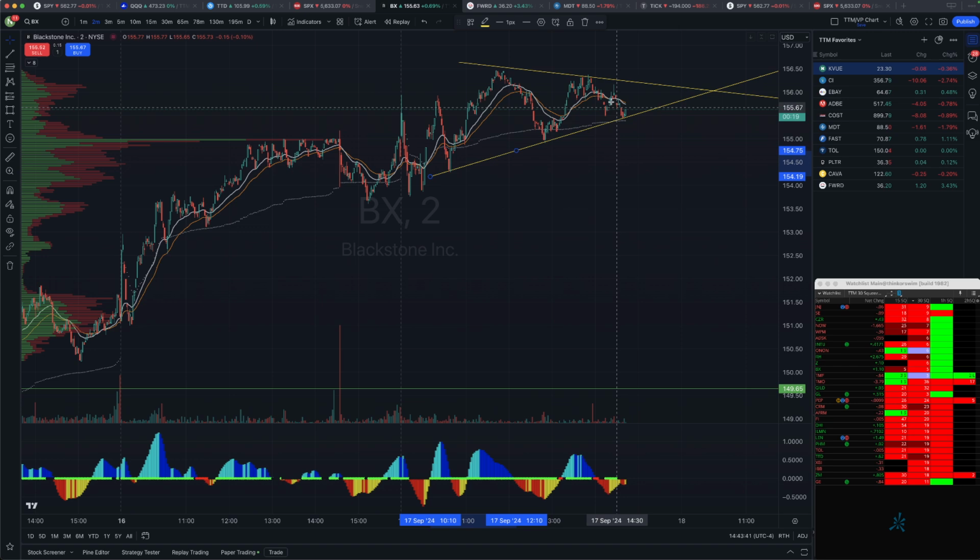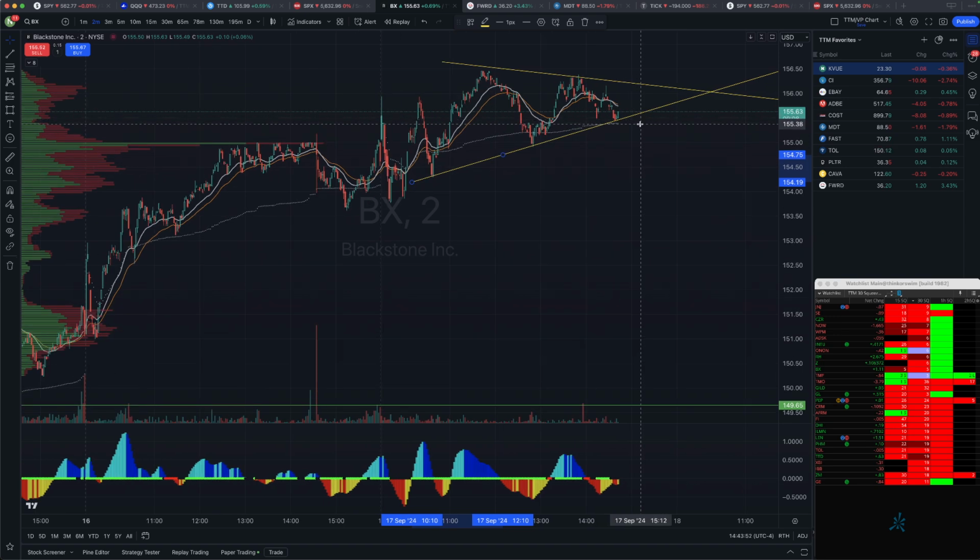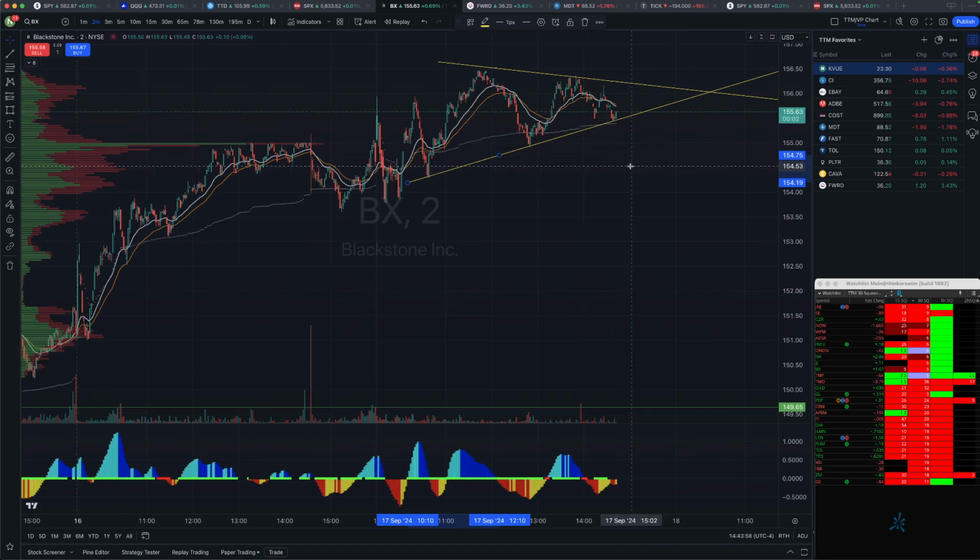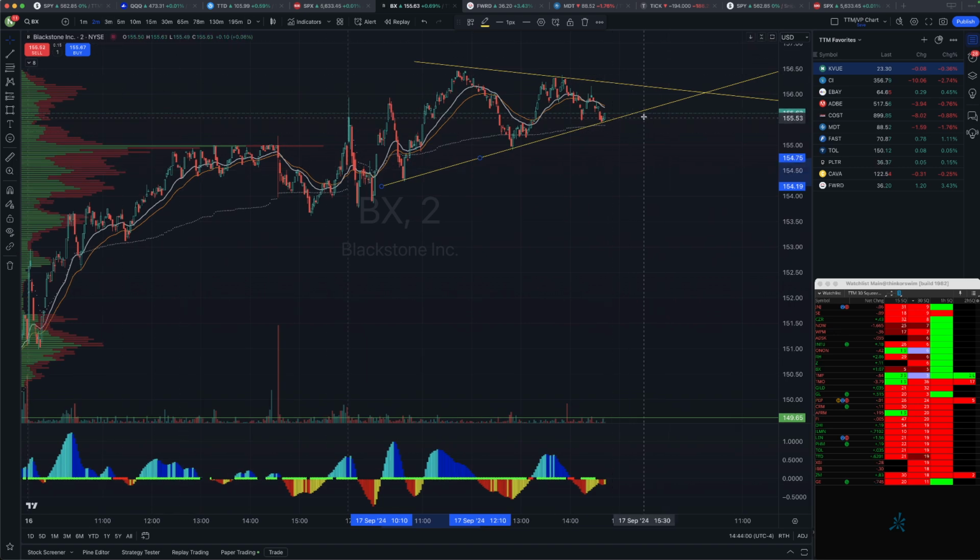Yeah. And look where we are. Bottom of the trend line. We're testing that trend line support and VWAP. So on a very short term 2 minute day trade, I like BX right here.